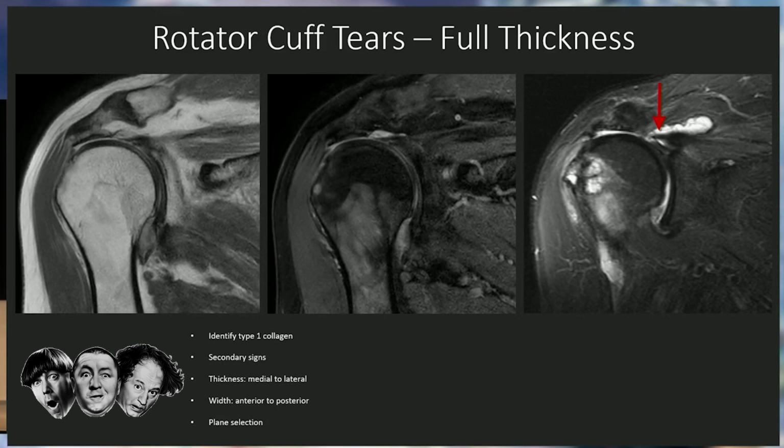It behooves everyone to get comfortable with at least more than one plane, oftentimes all three planes. If you're comfortable with all three planes, it's very uncommon to miss things or to undercall or overcall things. So, in terms of the sagittal view on shoulder MRI, I think this method is very helpful as an introduction to getting comfortable with calling full thickness tears.